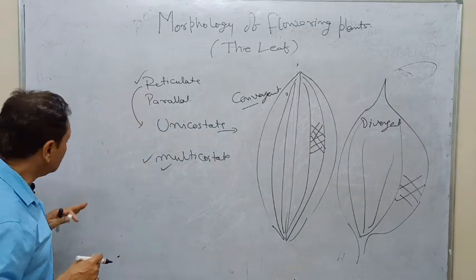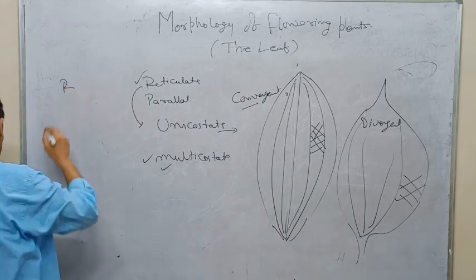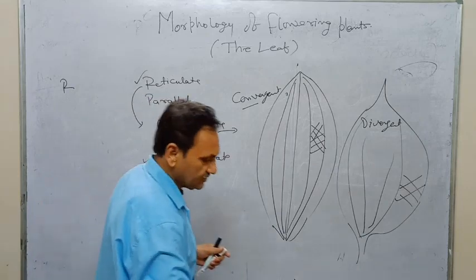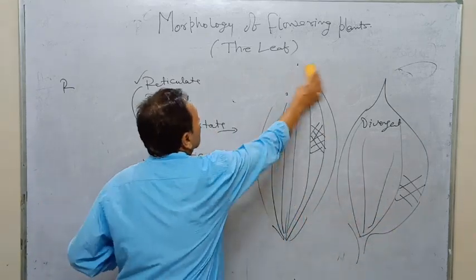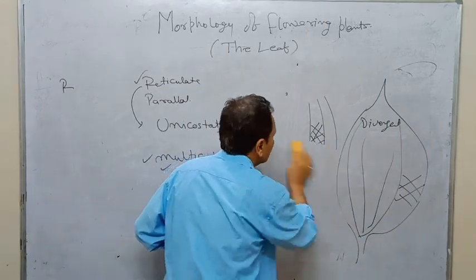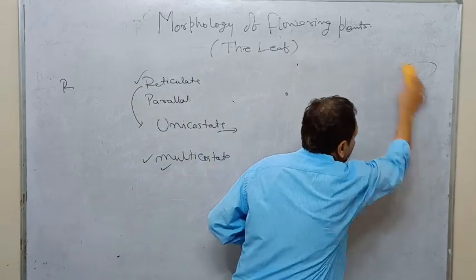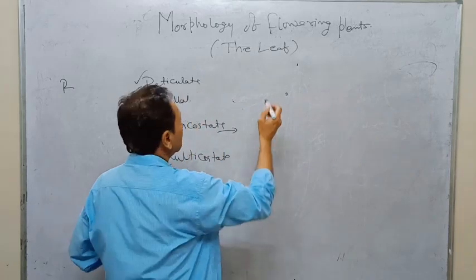So we can say that the reticulate venation, for easy understanding, is better classified by making a flowchart-like structure.